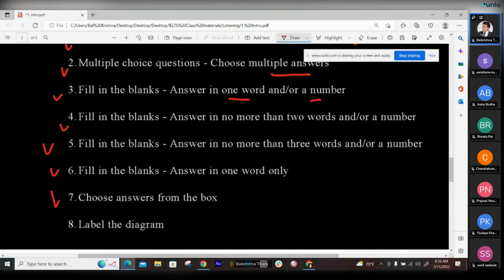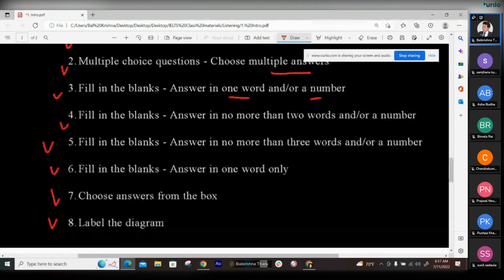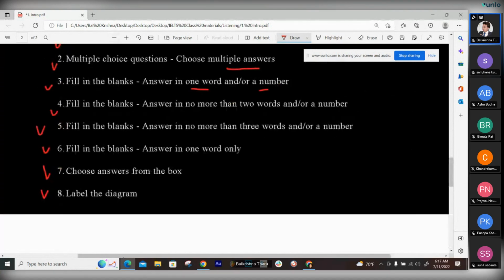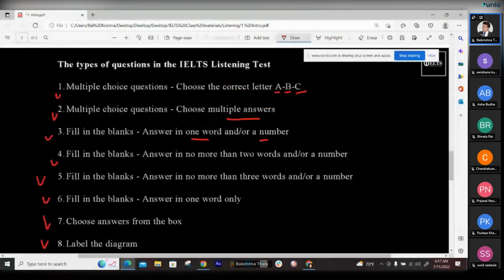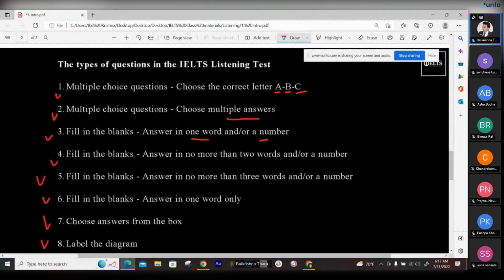Choose answers from the box. 8. Label the diagram. So these are the different question types in IELTS listening test. All right.